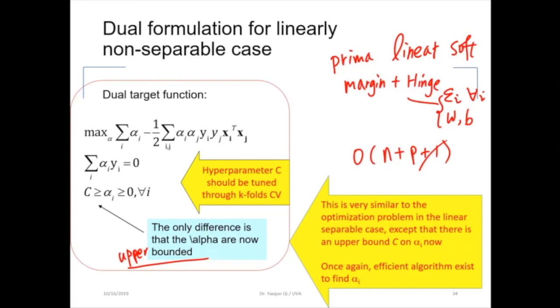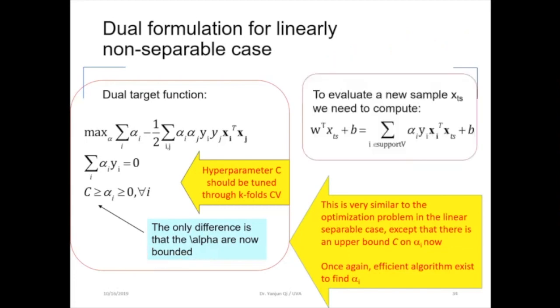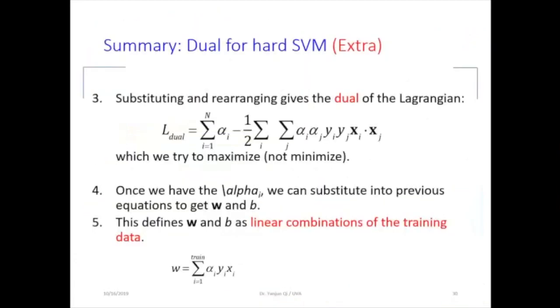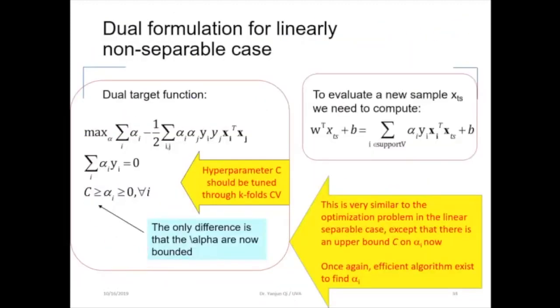All right, and also in the dual case, you can perform the test without even having the explicit W at all, because you can just substitute the W from the derivation you get. Sorry, that page is so bad. This W equals the summation over i of alpha i, yi, xi. You just substitute it into our f(x) function. The f function equals the sign of W transpose x plus b, right?